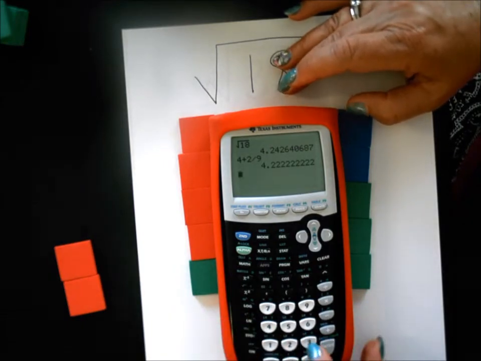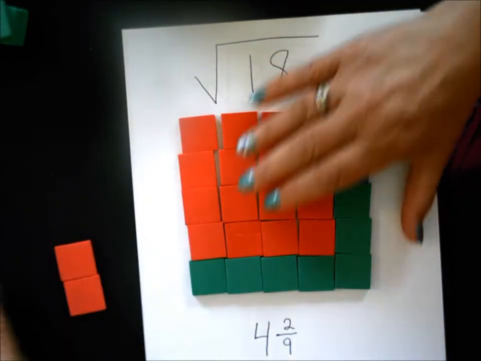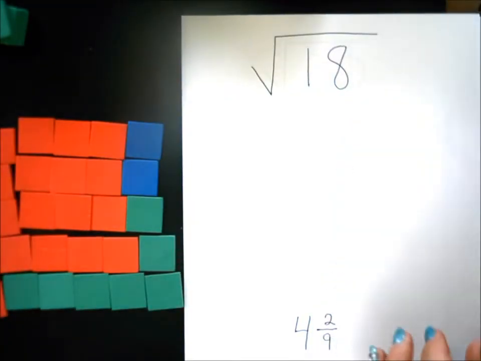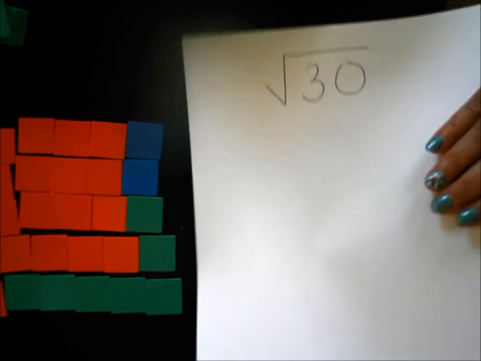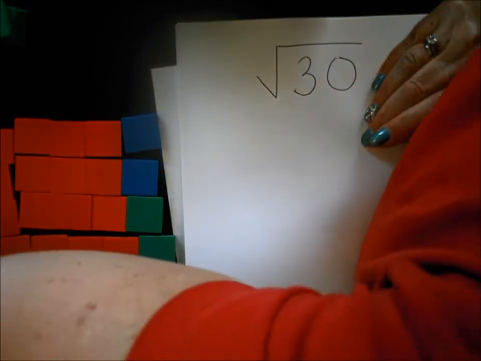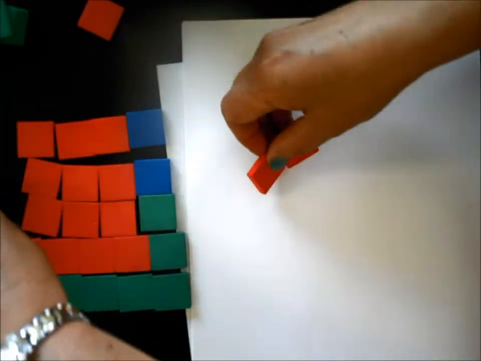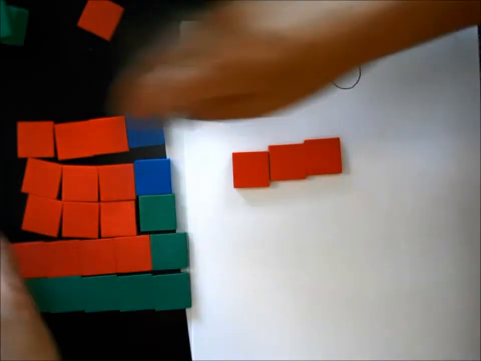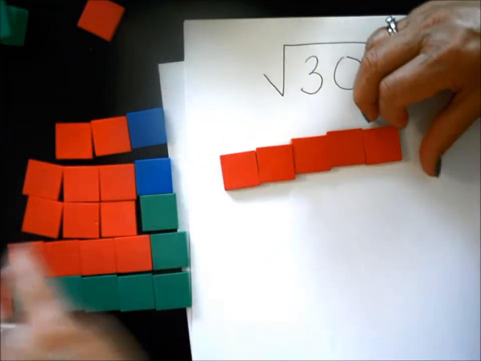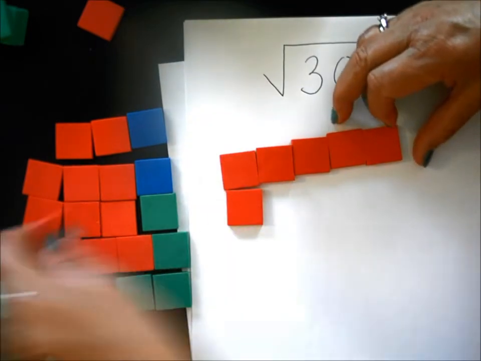Let's try it with another number. Let's use the square root of 30. So the first thing I'm going to do is put out 30 tiles. And I'm going to make the biggest square I can.